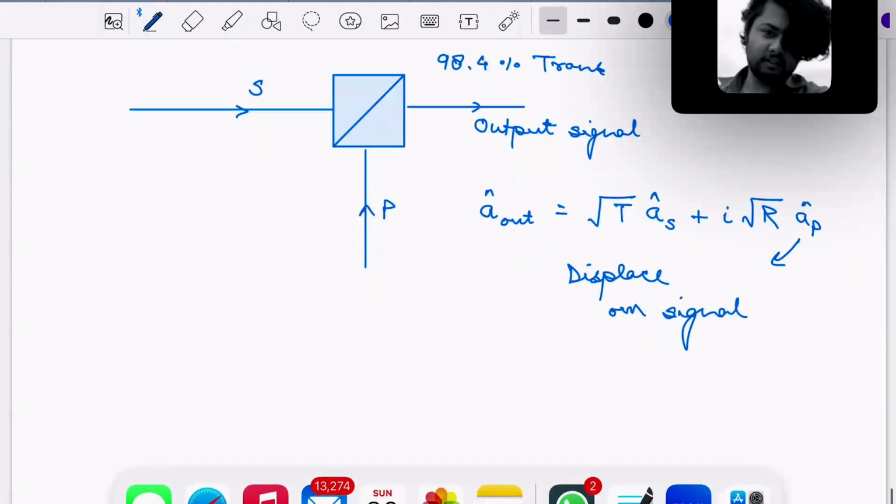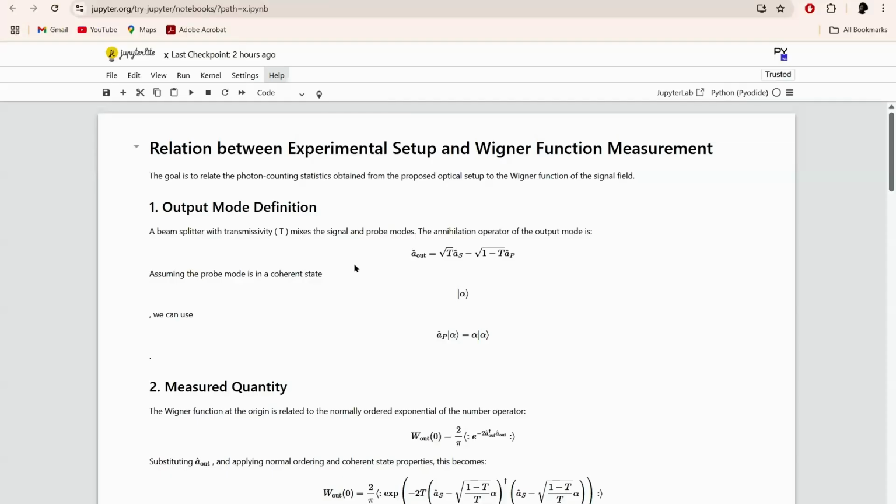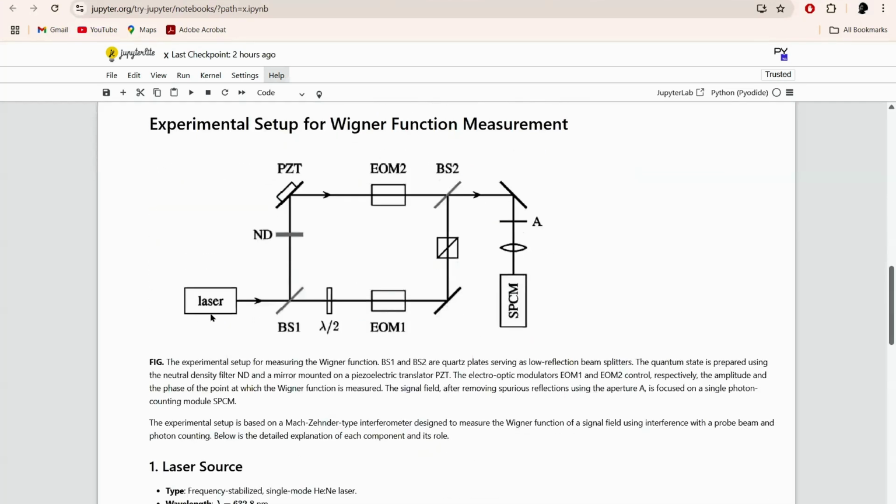Now I will present my screen, my Jupyter notebook. Is it visible? Now it is visible. So this line is what I just told you. In this experiment we are using a laser which gives us highly coherent light. This is our experimental setup.